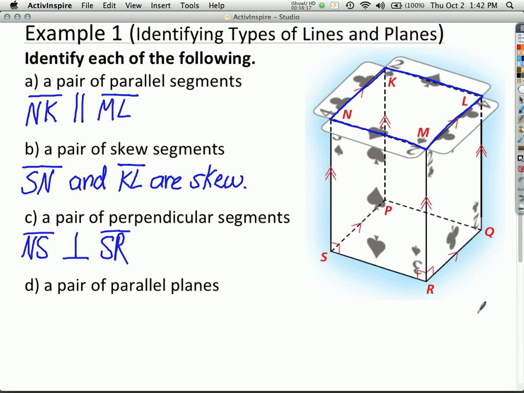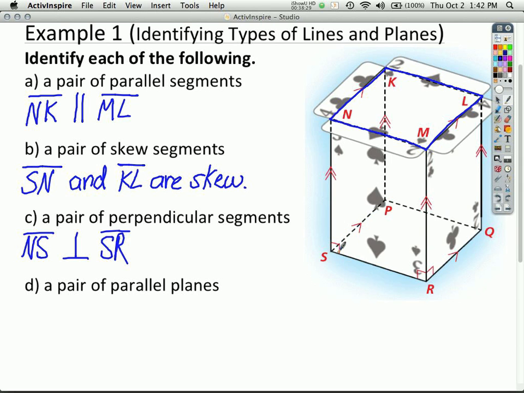So what would be the parallel plane to that? Eric? SQR. Oops, excuse me. I didn't do a very good job, but SQR, and so those are parallel planes. And so how do you write that? There's no symbol for plane, so you just write the word plane.